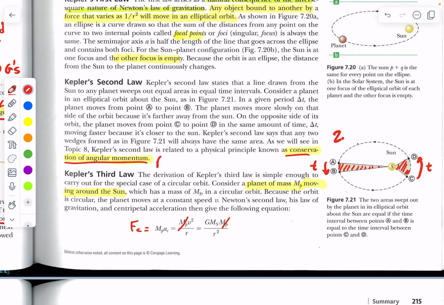You already know that linear momentum is mass times velocity. Well, angular momentum, which is in the next chapter, we use the letter L for angular momentum. We also use it in chemistry when we talk about one of the quantum numbers as being the angular momentum quantum number.